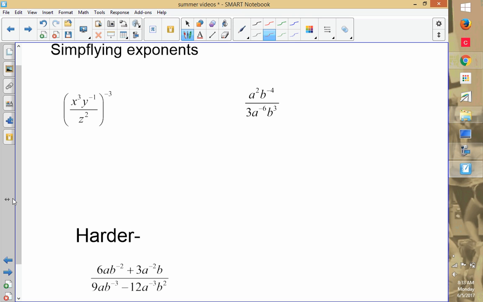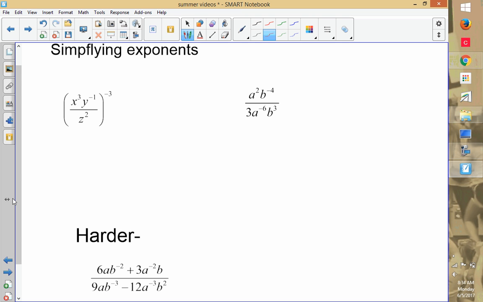There is no adding or subtracting in that at all. And when there is no adding or subtracting, we have the ability to take care of the negative exponent by just moving it to the other side of the fraction. It gets a little harder when we have more than one term.